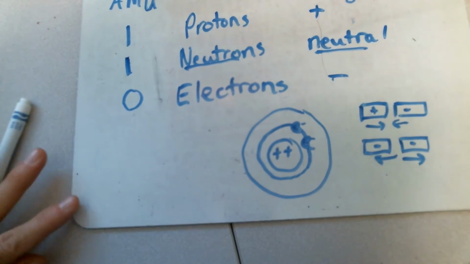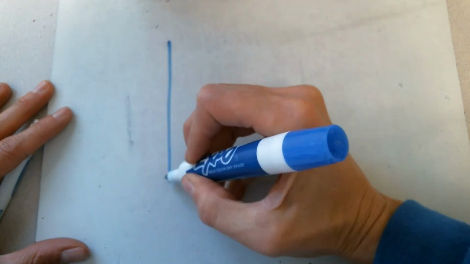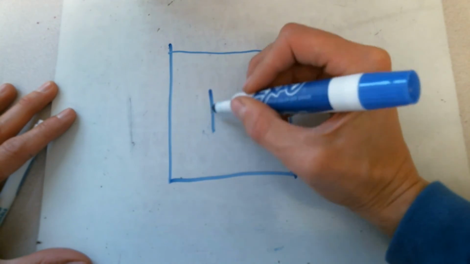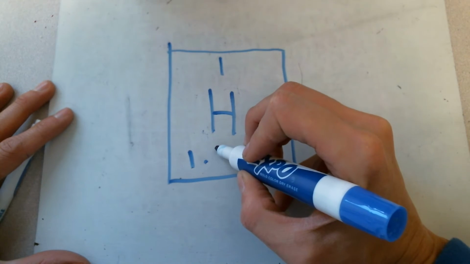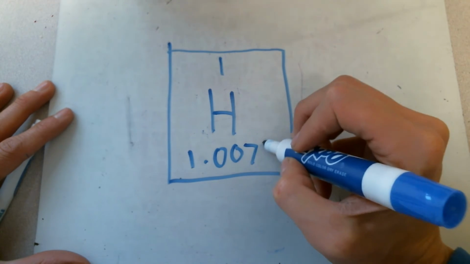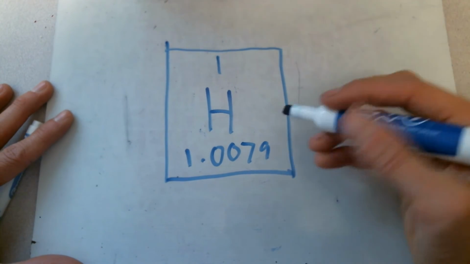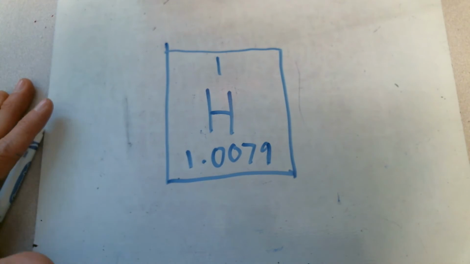So now we're going to talk about how these differ between different atoms. I'm going to draw you an enlarged version of one of the boxes on the periodic table. We're going to start with hydrogen, okay? On different periodic tables, this bottom number might be slightly different. As you get into higher levels of science, you will probably talk about that.